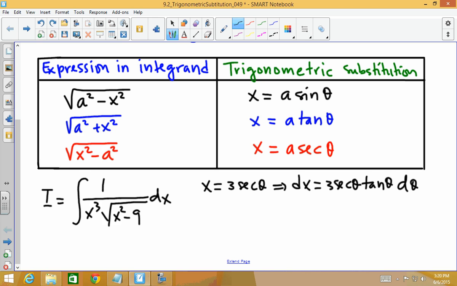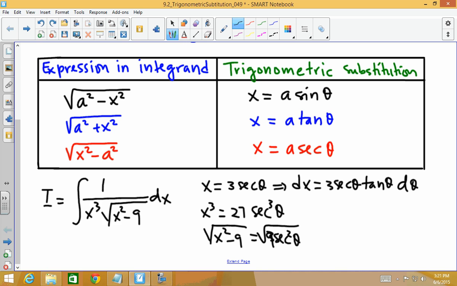So x cubed is 3 cubed, which is 27 secant cubed theta, and the square root of x squared minus 9 is the square root of 9 secant squared theta, because 3 secant theta all squared is 9 secant squared theta.